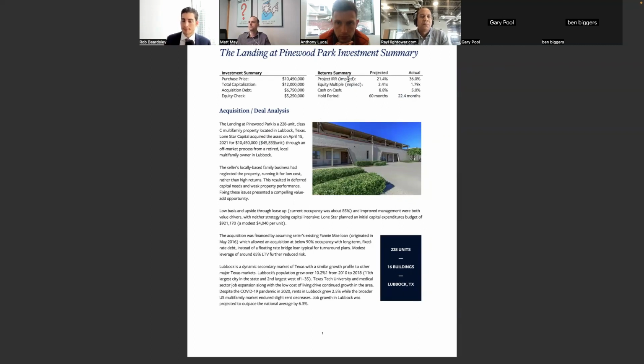We still own the deal today, but this case study is highlighting the refi, not the sale. Like I mentioned earlier, these numbers are based on the appraised value in connection with the refi. If we were instead able to sell rather than refi at that value, these would be the returns: 36% IRR, 1.79x equity multiple.